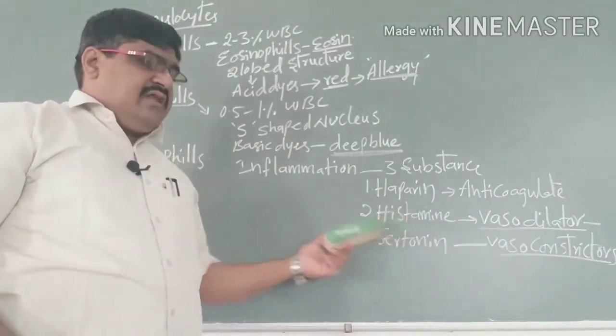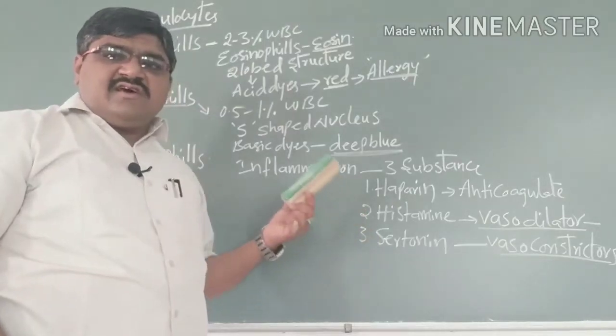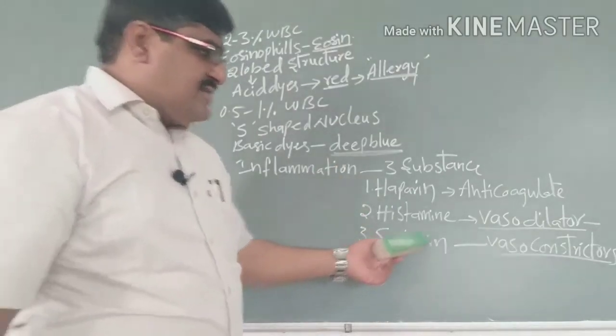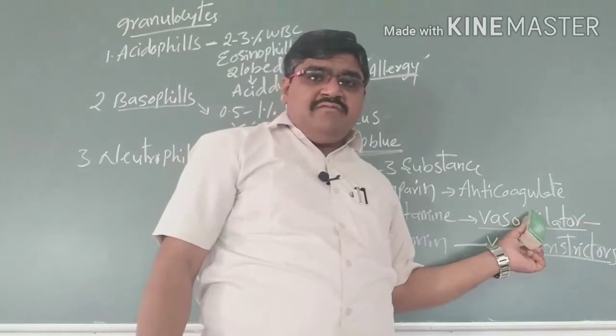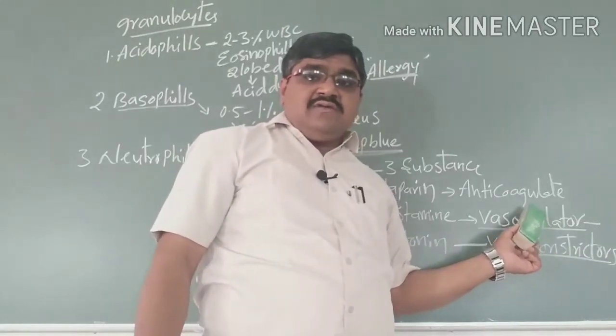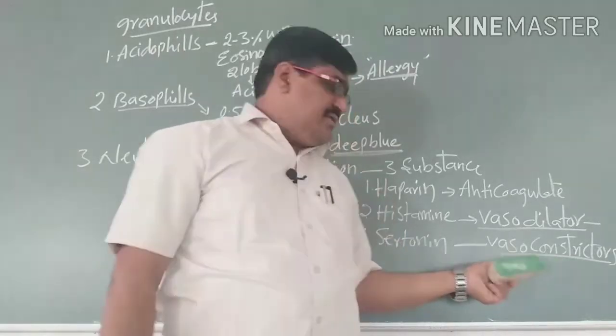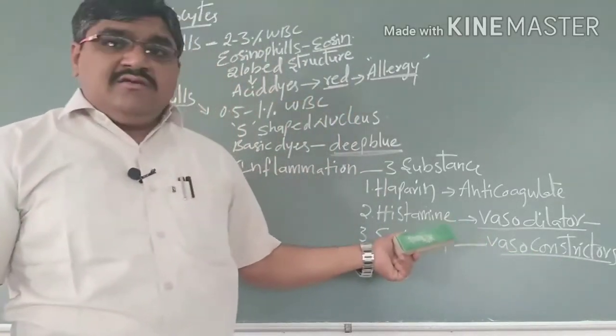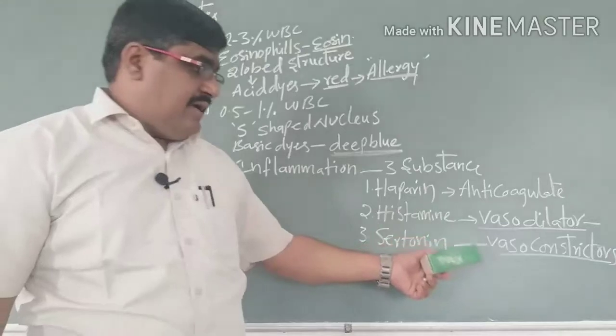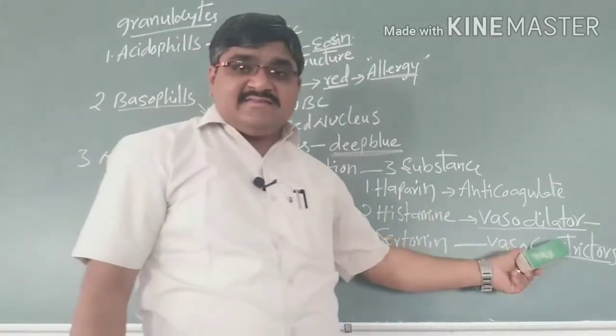That means if inflammation has taken place, they increase the lumen of blood vessels, so they are called vasodilators. If inflammation is not present, they constrict the blood vessels, so we can call them vasoconstrictors.